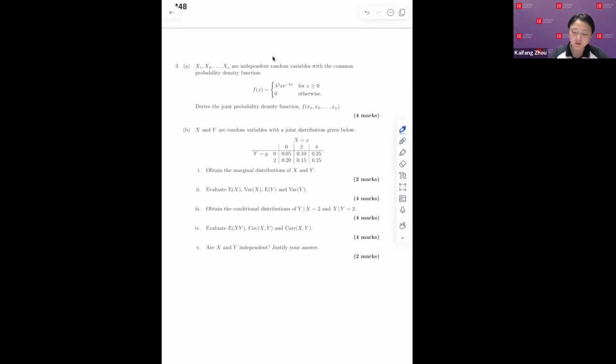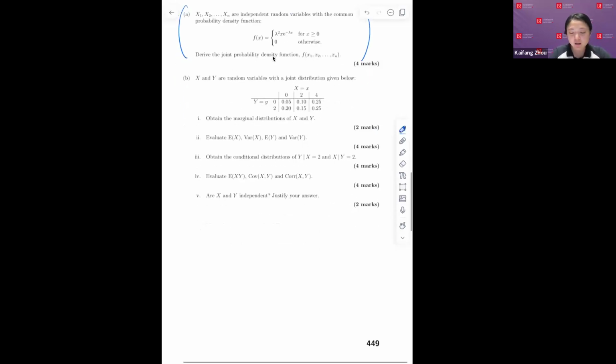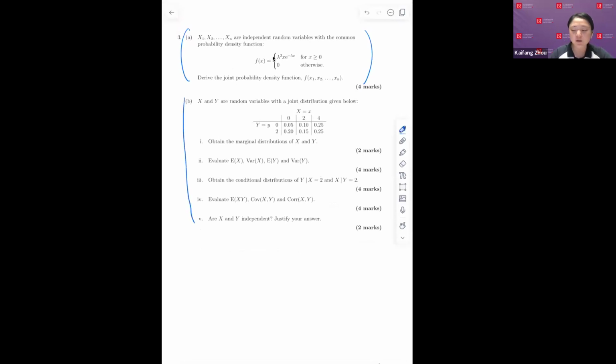For example, 3A here is something to do with maximum likelihood estimation. In this case we didn't ask you to estimate the maximum likelihood estimator, but we asked you to derive the joint probability density function. For maximum likelihood estimation, we call such a function the likelihood function. And 3B here is something to do with the multivariate random variable.